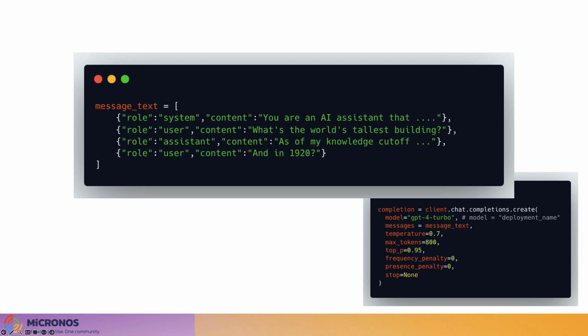And then later, for follow-up questions or to provide chat history, you must make sure that the assistant response is also within this message text here. Now, there are many ways that you can optimize this array, so I won't go too deep into that. But the reason that the question about 1920 works is, of course, because you have provided the chat history.